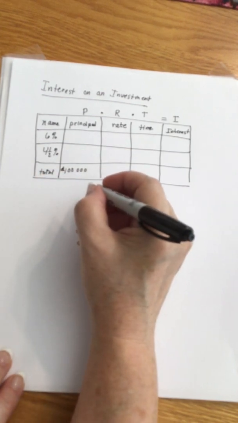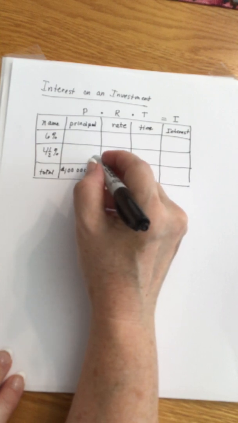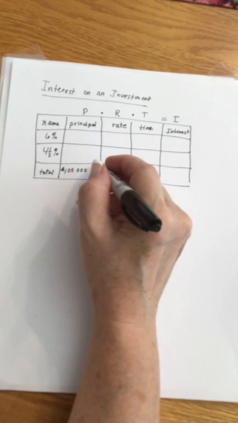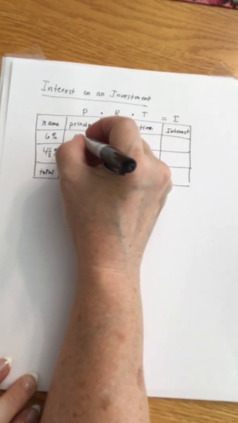Now we have to think about this. If she puts part of it at 6%, then the remainder is going to be at 4.5%. The remainder of the $100,000. So do we know how much is going to be in the 6%? No, so we're going to let that be our variable.